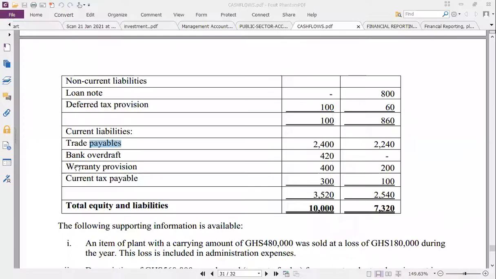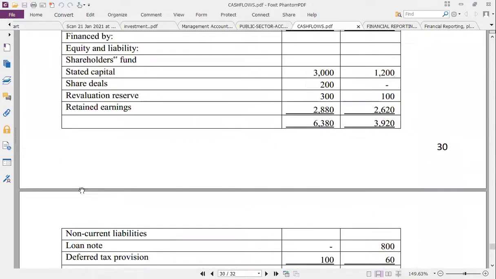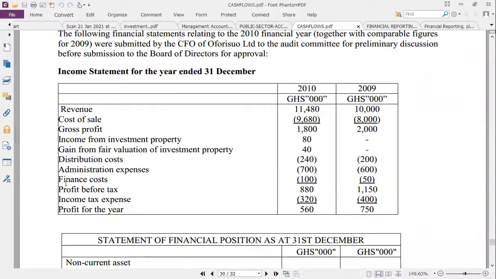It will be among them. Check, we call it interest payable, interest owing. When I check the liabilities, there's no interest payable here. Then it suggests to us that they are not owing. That's good news. If they are not owing interest, it means that whatever interest is shown as the finance cost has been paid fully.